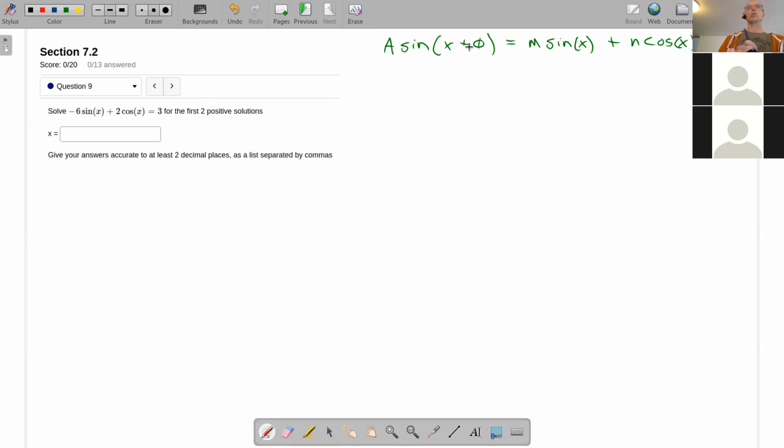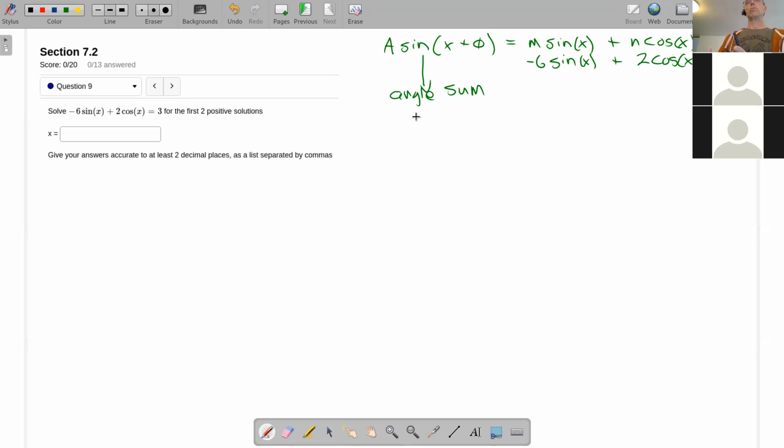So what we're going to do is reverse engineer to figure out what a and phi are. And then we should be able to solve this. So to do that, we applied the angle sum formula. That was our first step.